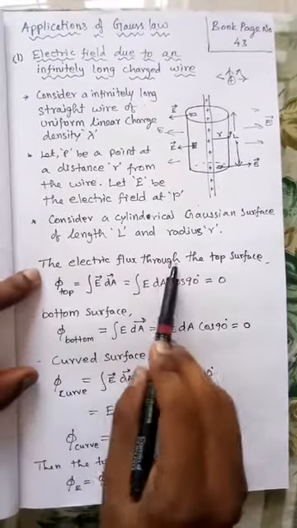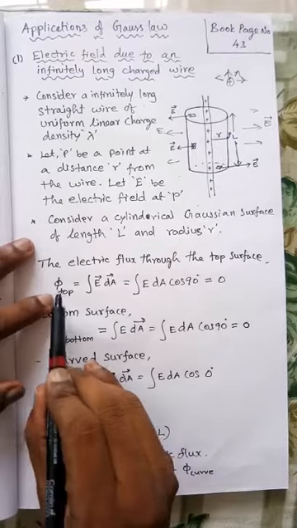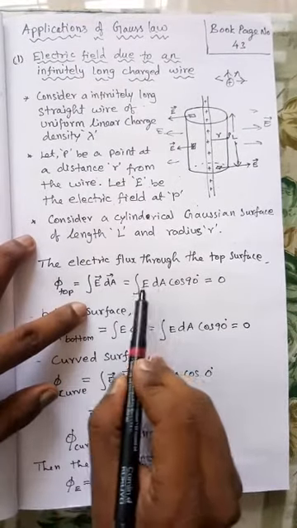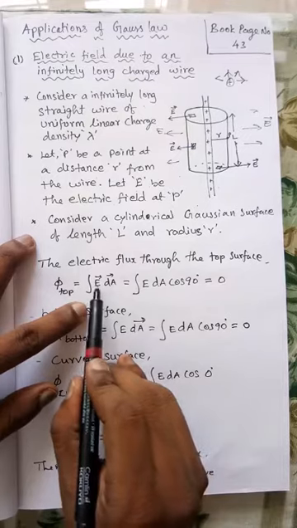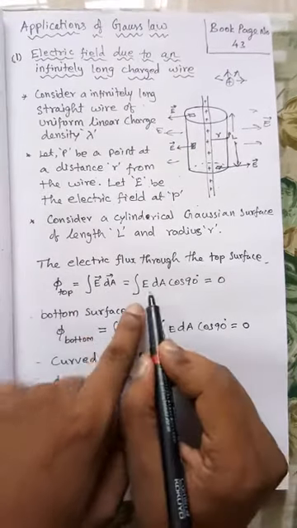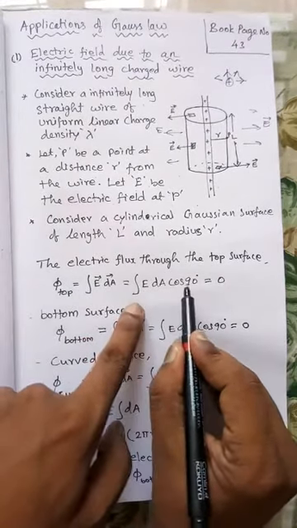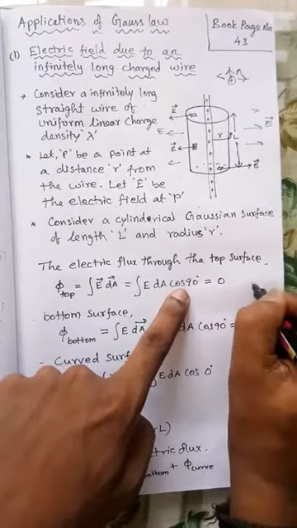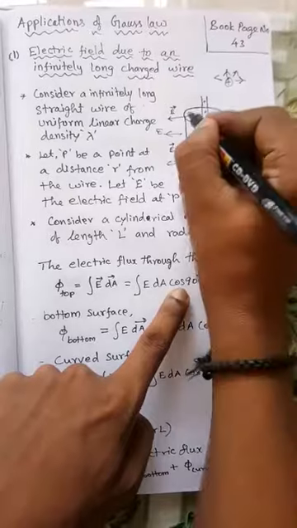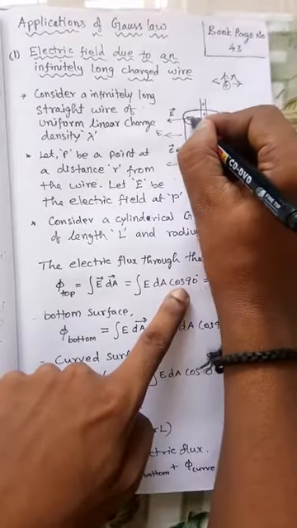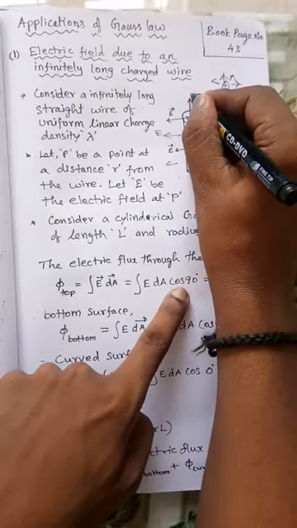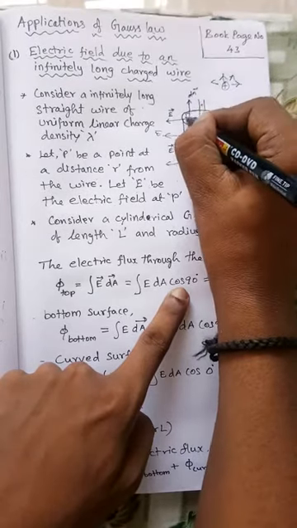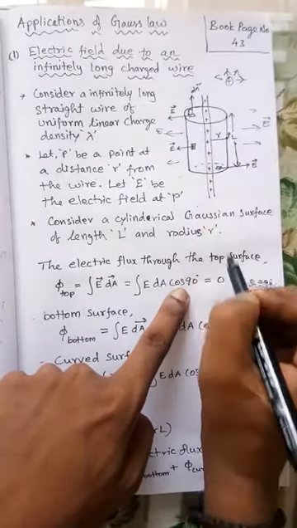First, the electric flux through the top surface. Flux top: you already know the formula, vector E dot vector dA, so in scalar form, integration of E dA cos theta. Here theta is 90 degrees, because the area vector dA and the electric field are at 90 degrees.